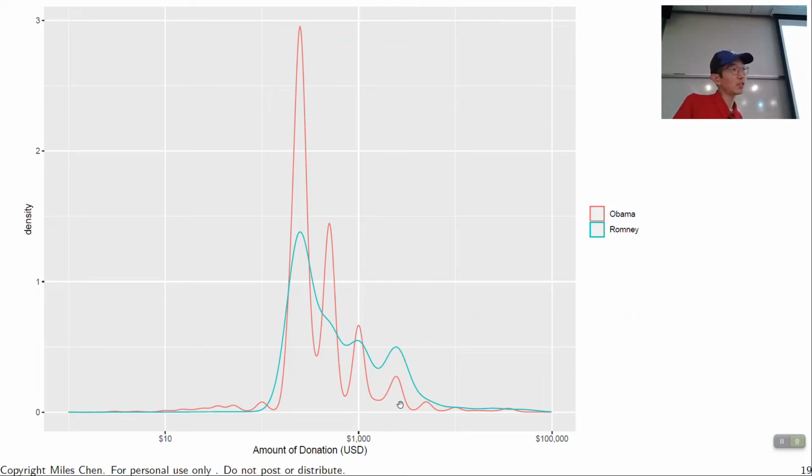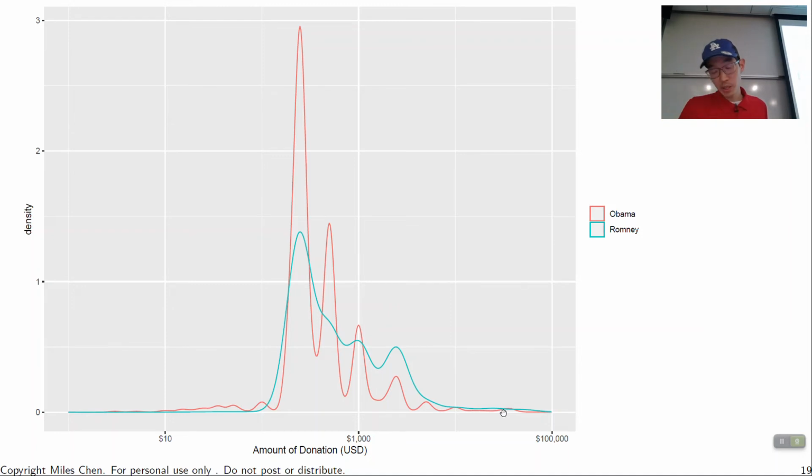So as far as individual donations go, you do have more people donating $2,000 to Romney than to Obama in this graphic. Now, as far as the right tail, the line for Romney is just ever so slightly above the line for Obama, with the exception of some small peak here, maybe around 50,000.